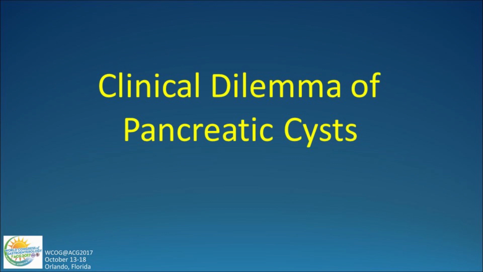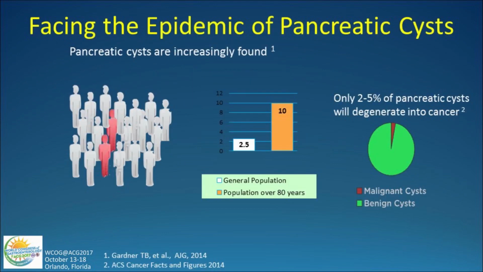So why do we care about pancreatic cysts? Well, the issue is that we're finding them more and more. Almost every patient that goes to the ER, whether they have abdominal pain, arm pain, or a headache, is going to get a CAT scan or an MRI almost always before they leave. And some population studies have shown that in the US, there's about a 2.5% prevalence of pancreatic cysts.